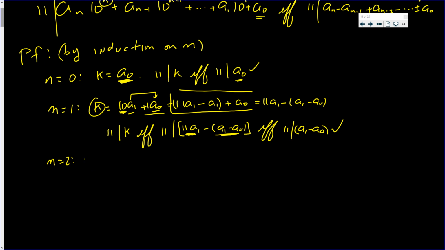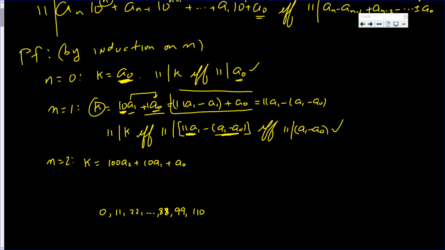Suppose n equals 2. So then k will be 10 squared, which is 100, times a2, plus 10 times a1, plus 1 times a0. Let me put it down here. Here are the first few multiples of 11: 0 times 11, 1 times 11, 2 times 11, and so on up to 10 times 11.